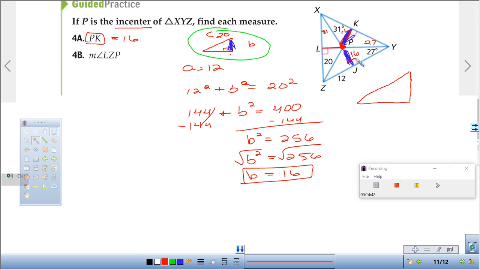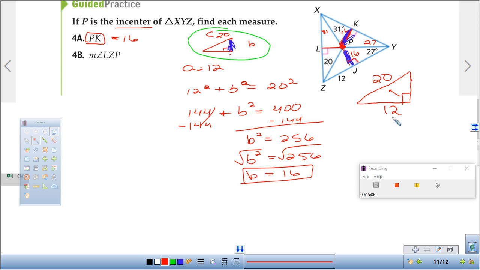So this side right here is a right angle on this side. But I'm using this side over here, so that is my right angle right here. Now I have a right triangle. This side length down here is this side length down here, which is 12. Across it is 20.